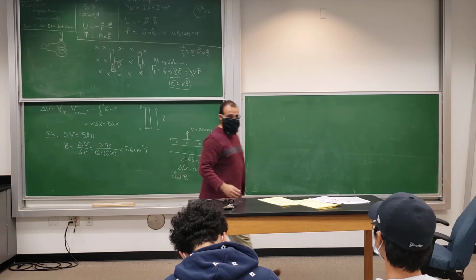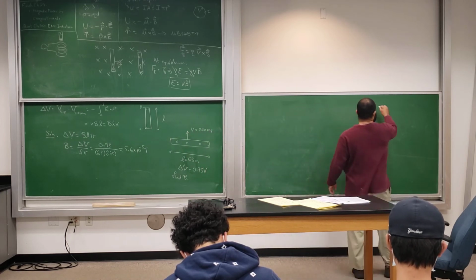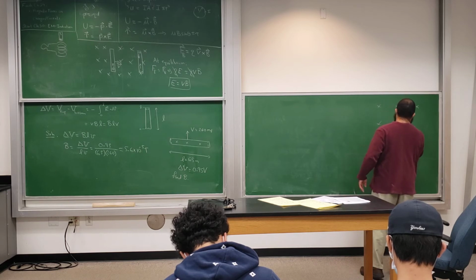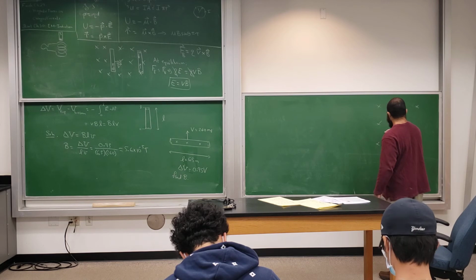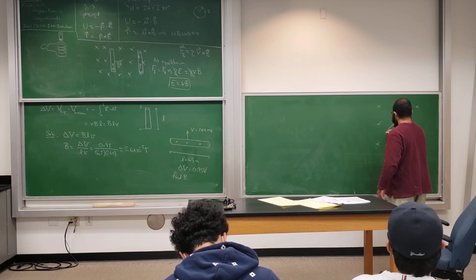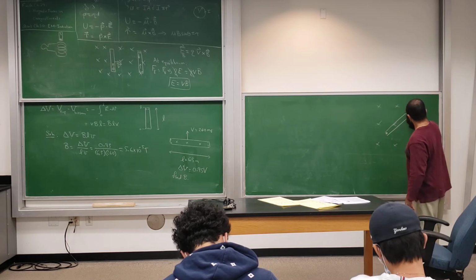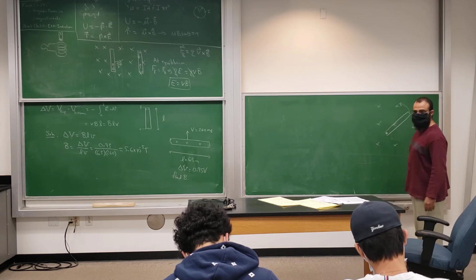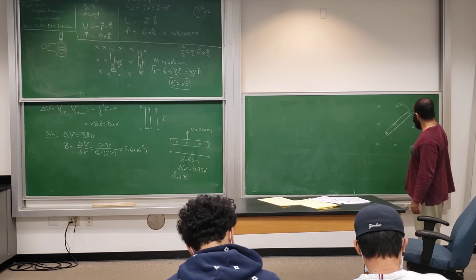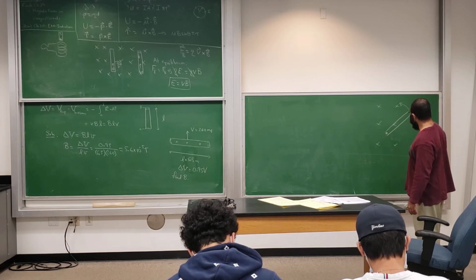The magnetic field is still into the board. You have a rod. You hold it from the end, and the rod spins with an omega.